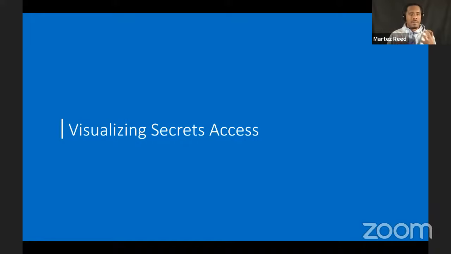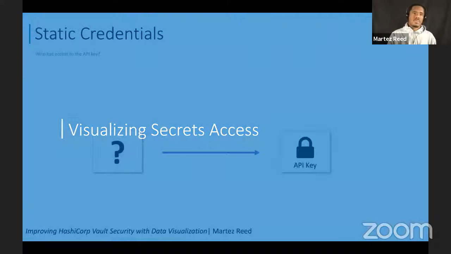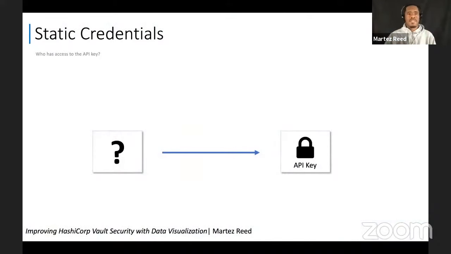I know it's got all the bells and whistles to do what we need, but I'm concerned about the data we've put in there, and how can we understand who has access to what particular secrets? So this is where we started off, the genesis of things, with a secret or a static credential. In this particular case, we're talking about a key value object.